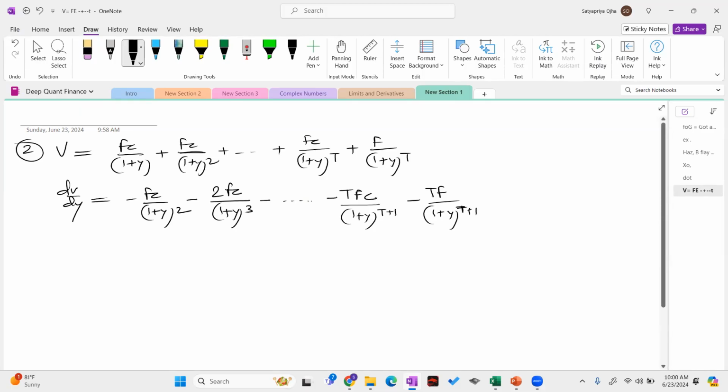Okay, now what do we do? This starts with a square directly, right? Let's take 1 by 1 plus y common.